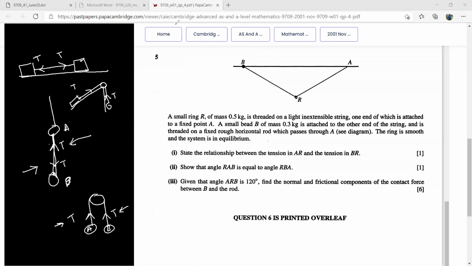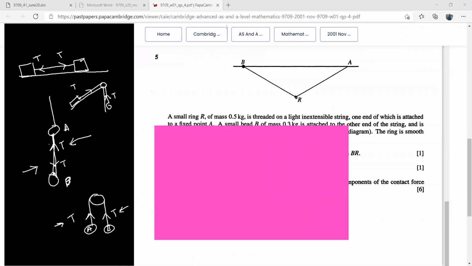But the moment you have different strings, let me show you here. For instance, you have something like this, and here is a string, there is another string, and there is a ring, and here is another string over here, and let's say there's a force given, 10 Newton over here.